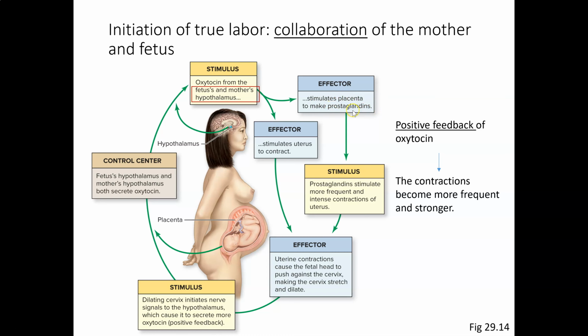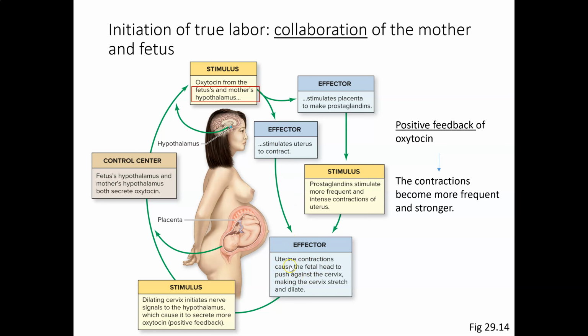So what's the effector for that stimulus? That prostaglandin is going to act as a stimulus and also stimulate the contraction of the uterus. So you have the stimulatory effect from prostaglandin, also the stimulatory effect from oxytocin itself, and so they work on the uterus.